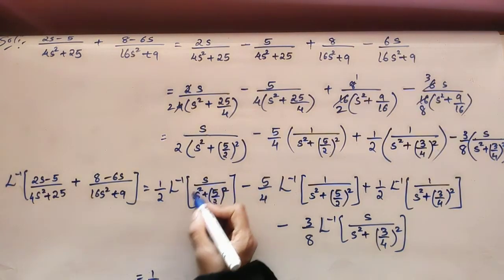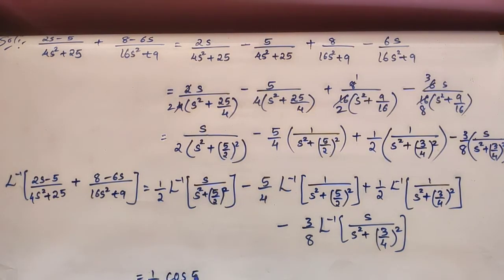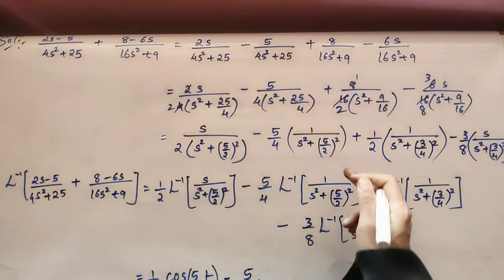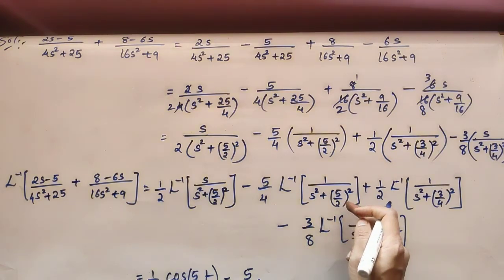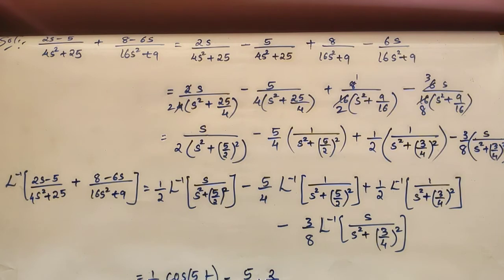So I hope this is clear: L inverse of s divided by s square plus 5 by 2 whole square will be nothing but cos 5 by 2t. Minus 5 by 4 constant into, there is no s in the numerator, but you have to take the reciprocal of this. So it will be 2 by 5 sine, because you write 1 by a into sine at.